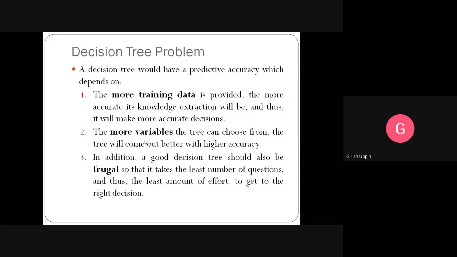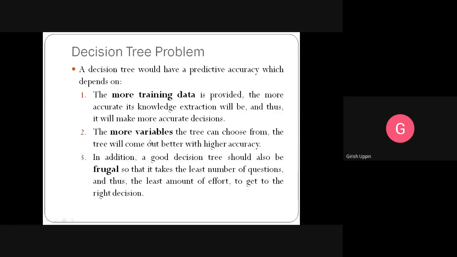A decision tree has a predictive accuracy, and it depends on the training data. If a large amount of training data is available for the decision tree, then the decisions it makes will be highly accurate. The more training data is provided, the more accurate its knowledge extraction will be, and thus it will make more accurate decisions.